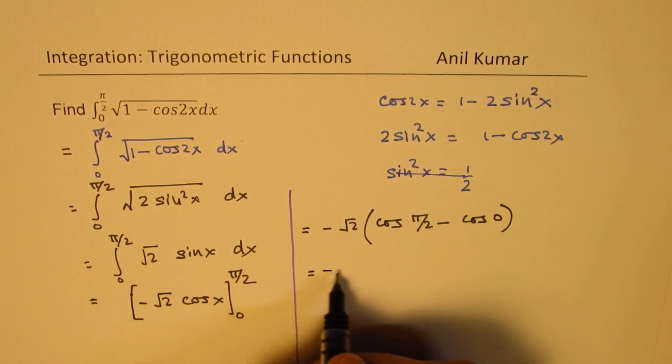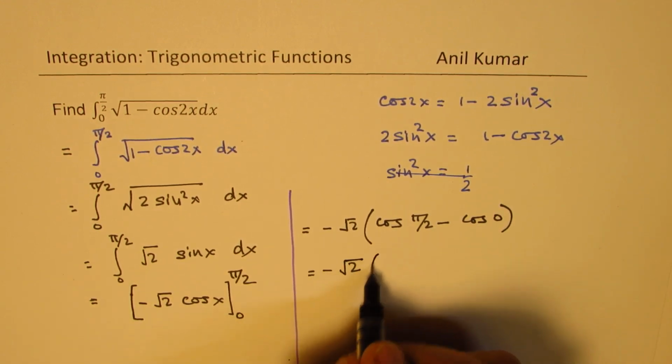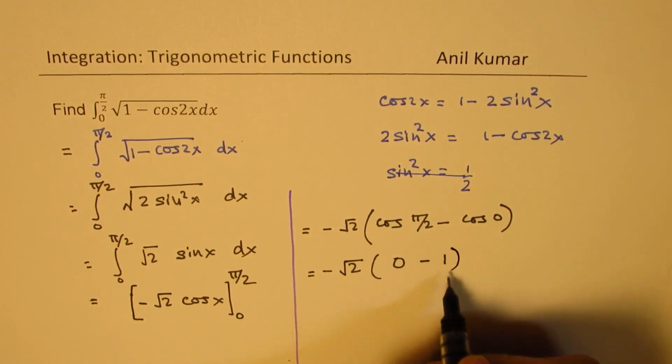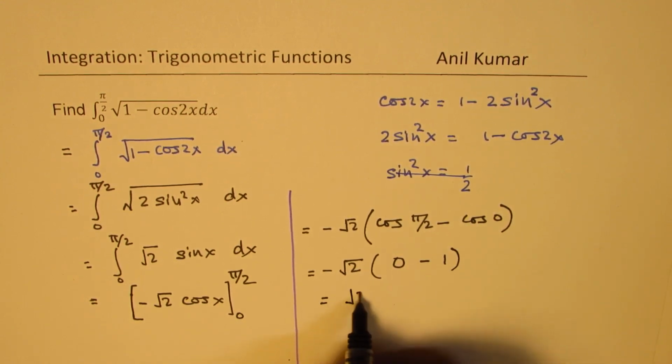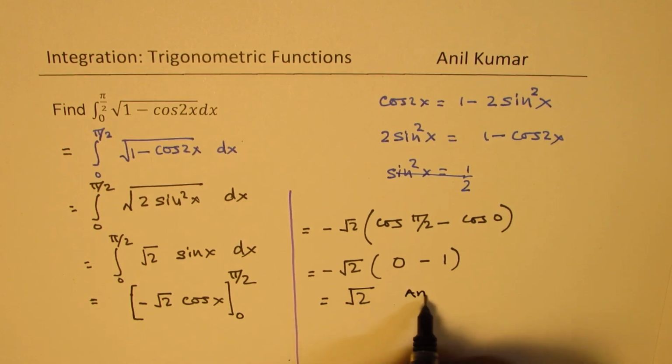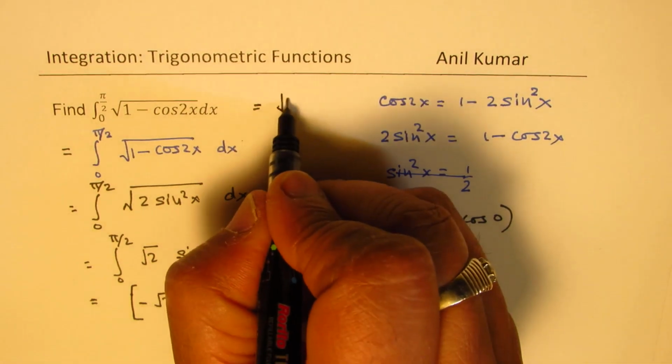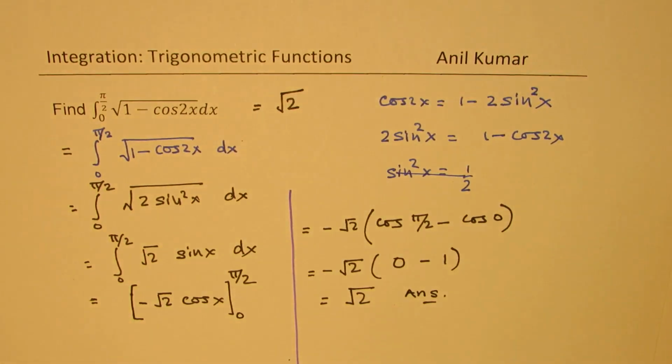Cos of pi by 2 is 0 and cos of 0 is 1. So we get square root of 2 as our answer. So this integral has a value of square root of 2. Clear? So that is how we get this solution.